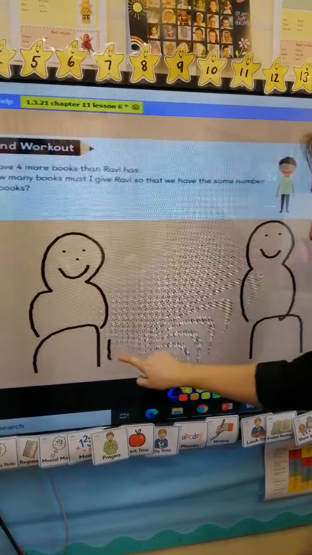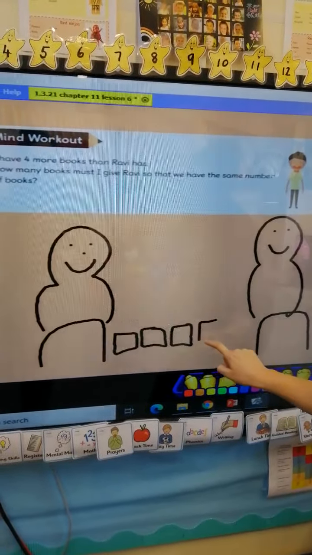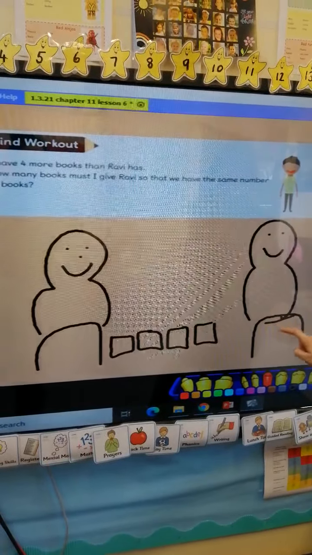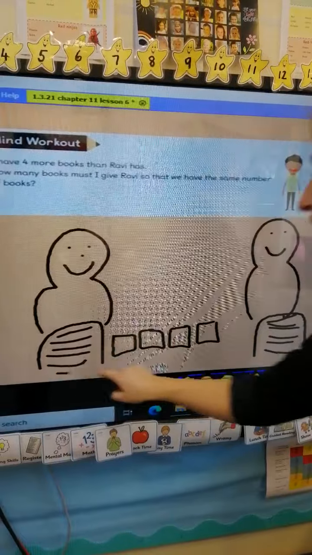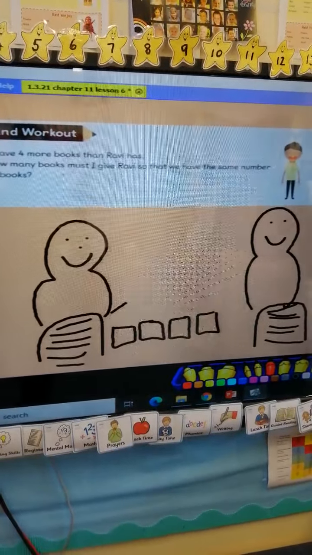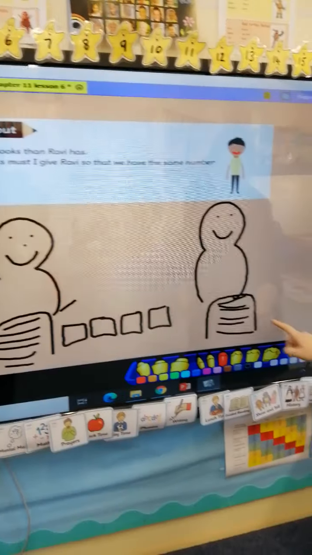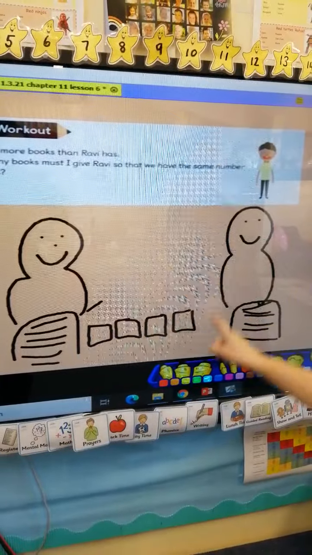And here's my 1, 2, 3, 4. Okay, so these are all Mrs. Marshman's books. These are all Mrs. Cutler's books. And these are Mrs. Cutler's 4 more books than Mrs. Marshman. Look, she hasn't got an extra 4 here, has she? She's got none. She's got these, and then these are my 4 more.